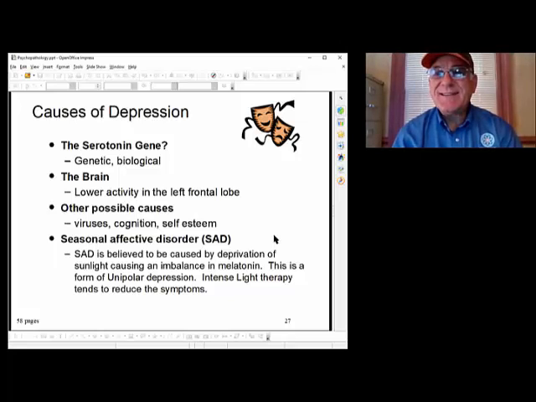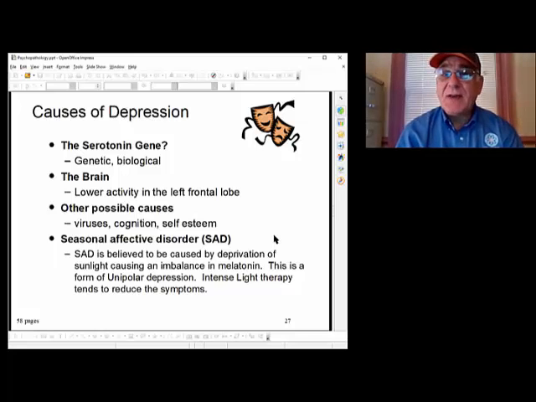Also, you get depressed more easily if you're sick or stressed. And if your thoughts turn negative, you're more likely to become depressed. And of course, self-esteem. If you think badly about yourself, you have a better chance of being depressed than if you have high self-esteem. You're not going to be as depressed as often.